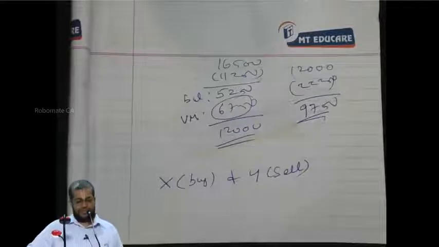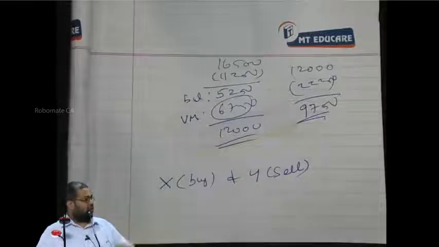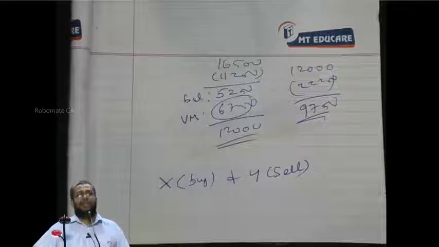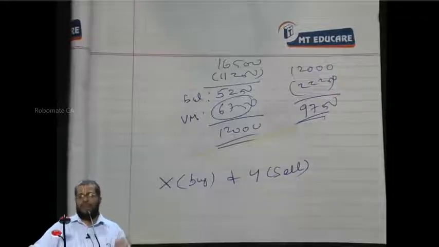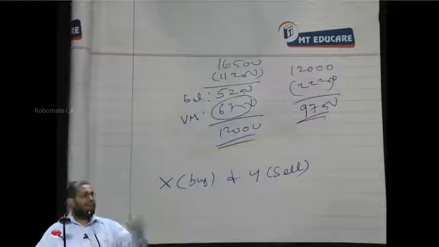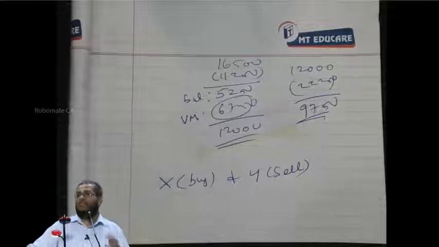Higher the volatility, higher the margin balance. They have some formula, 3 sigmas from this number, that number, etc. I will discuss that later if you have time. Higher the volatility, higher the margin balance. Full stop.